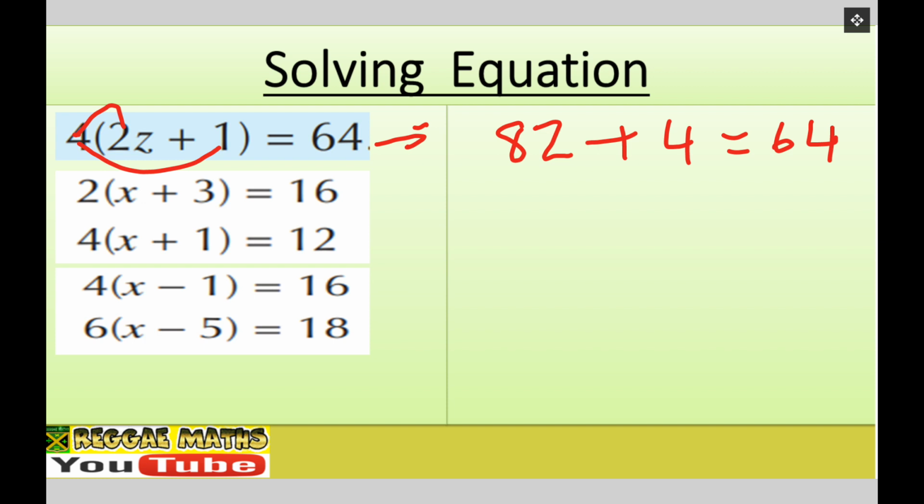So we have here, taking 4 from both sides. So 8z equals 60.